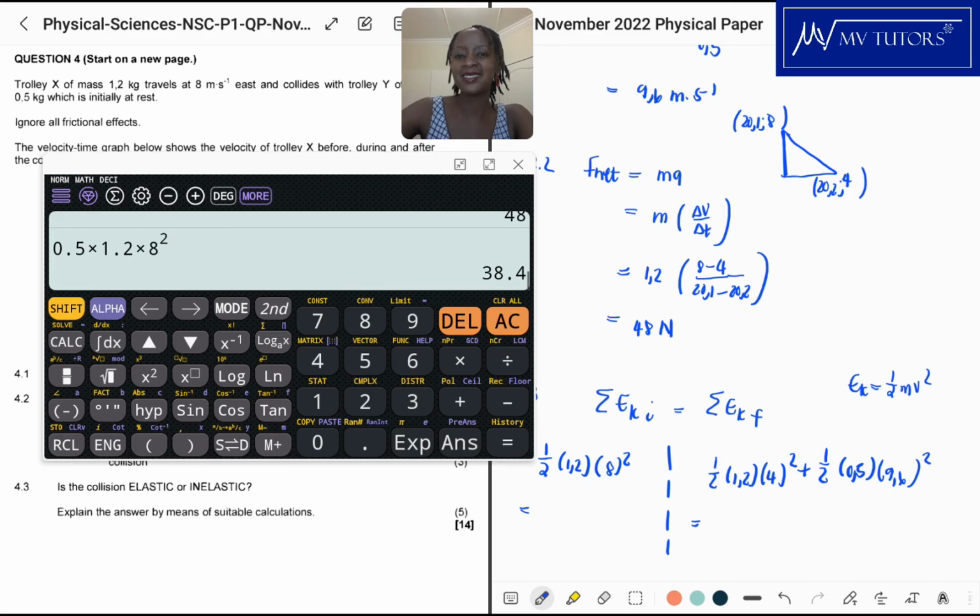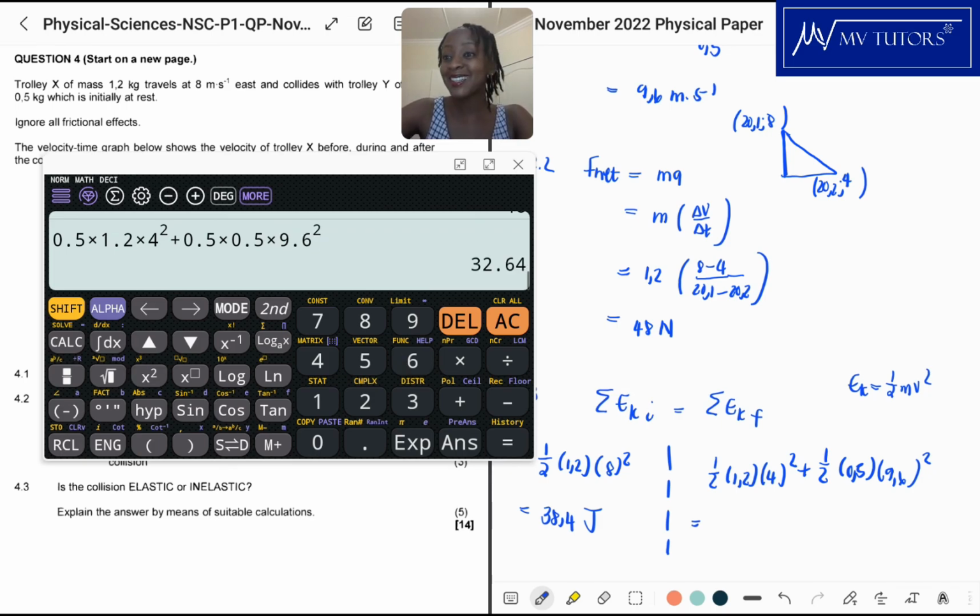I mean, we can already see it's inelastic. It's inelastic, guys. We have 38,4 joules this side. And then we take the very same, we have 9,6, and then we're going to say plus half times a half times 9,6 squared.